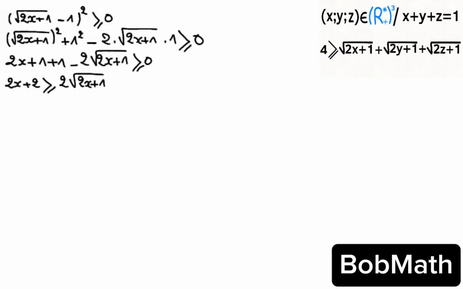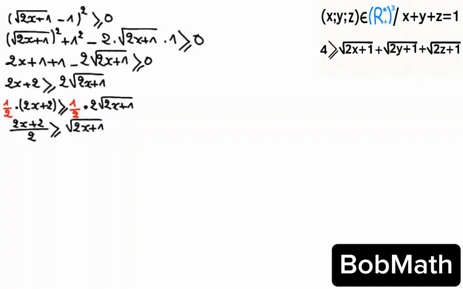Now 1 divided by 2 times (2x plus 2) is greater than or equal to 1 divided by 2 times 2 square root of 2x plus 1. Now we simplify the number 2. So we get (2x plus 2) divided by 2 is greater than or equal to square root of 2x plus 1.